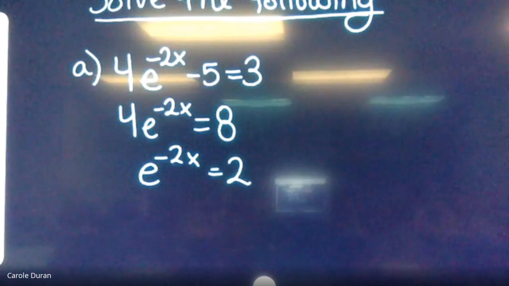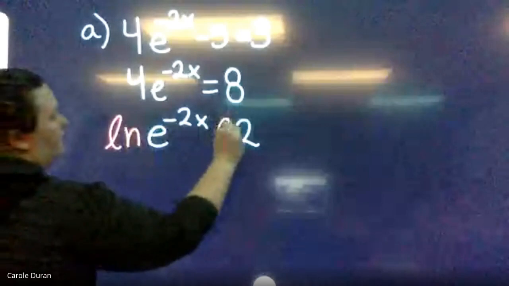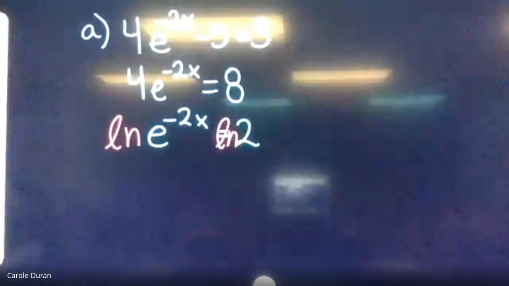So one option is we can change this into a logarithmic equation. But as Jalen already pointed out, we've already discussed what naturally cancels out an e, and it's natural log. So the shortcut to doing this, so it doesn't require you transforming this into a logarithmic equation, although it works out the same way, is that to cancel out this base e, I take the natural log of both sides of my equal sign.